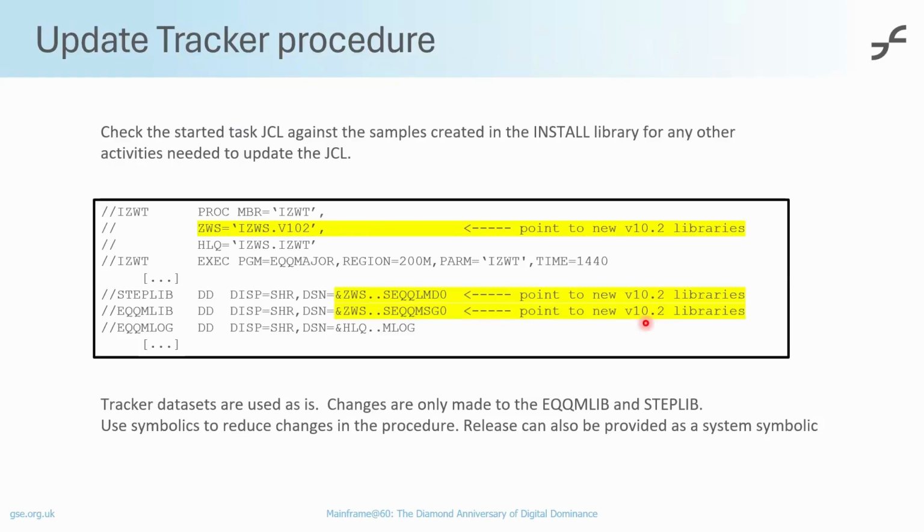Obviously, you need to update your tracker procedure. And again, as usual, the only change that you will probably need to do will be upgrading the STEPLIB and EQQMLIB. And if you use variables, it will be easier, because there will be only one place to change in your procedure.